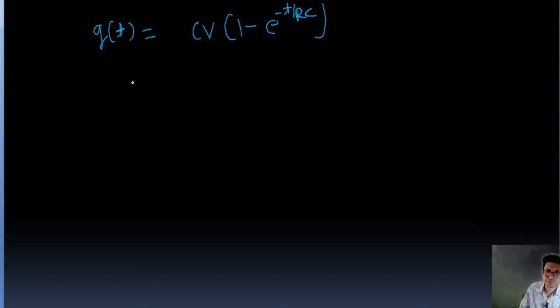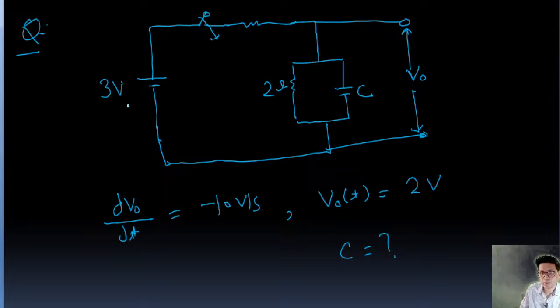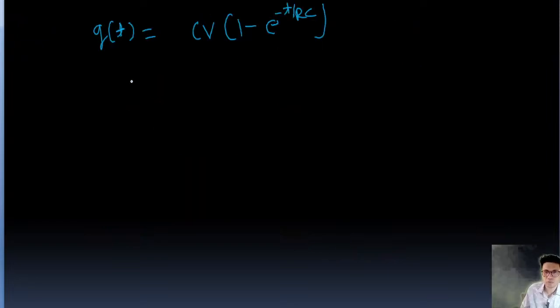Now this is 3 ohm, 3 volt. This is 2 ohm, and this is the C, guys, the capacitance. And this dV naught upon dt is given, and V naught of t is given, guys.